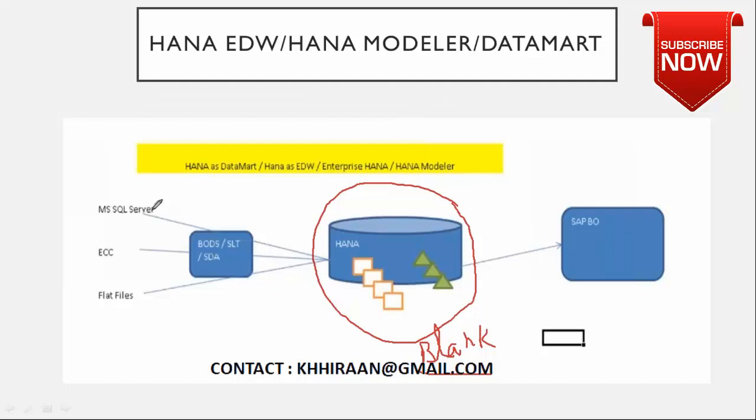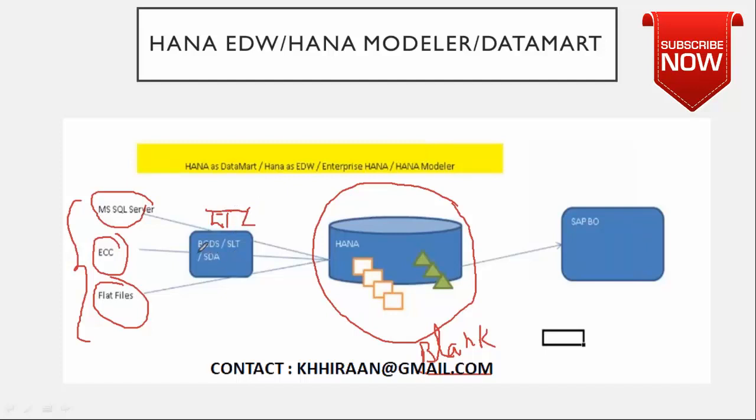Then you have to look at your organization, whether they are storing the data in MS SQL Server or ECC or flat files. We call these all data sources. So we have to connect. Let's say they are using three different systems. How do I connect these three different systems to HANA and get the data into HANA? Then we have to use ETL tools. ETL stands for extraction, transformation and loading.